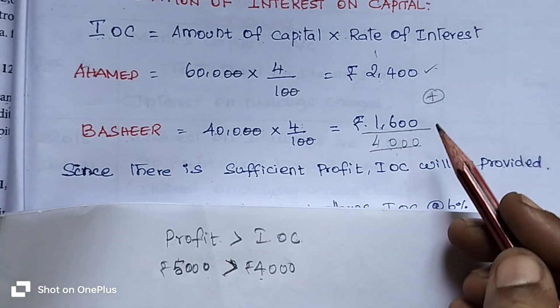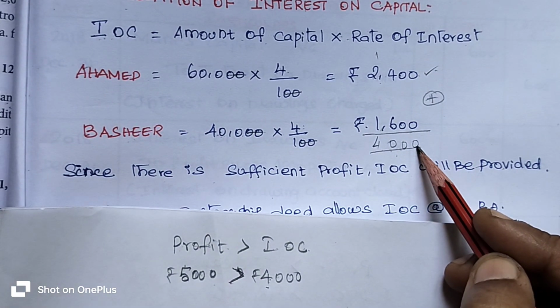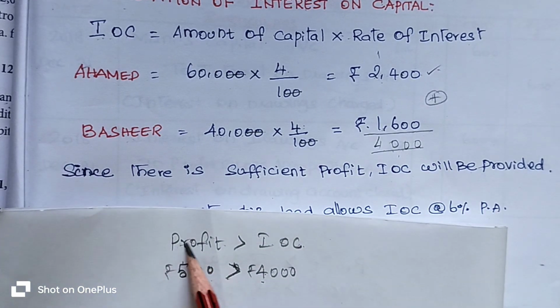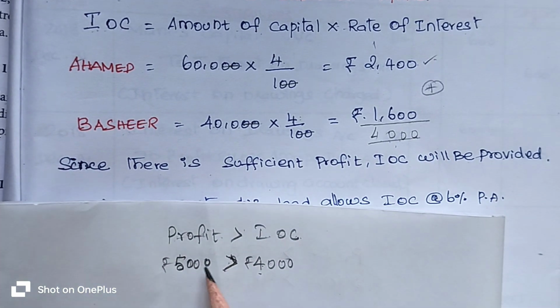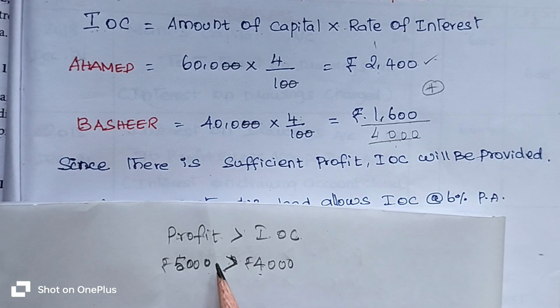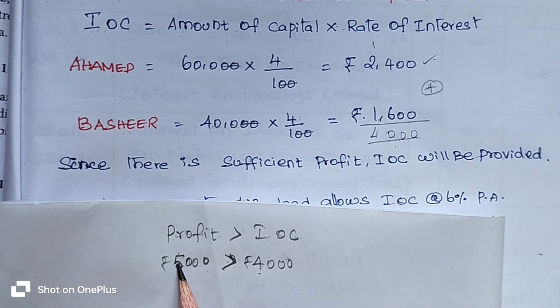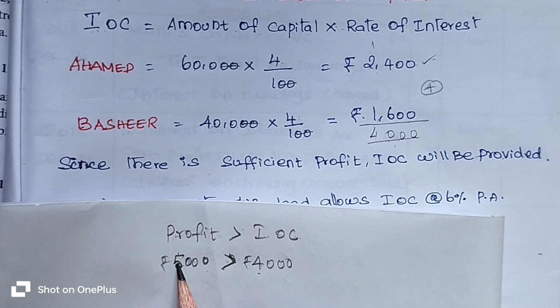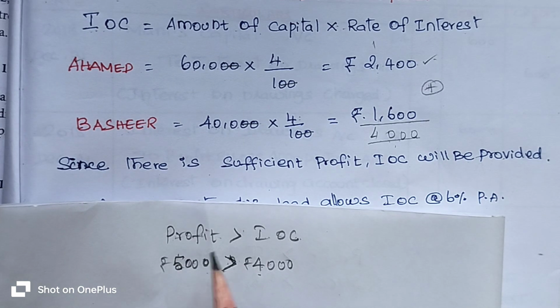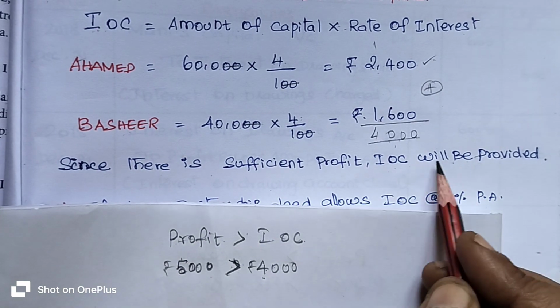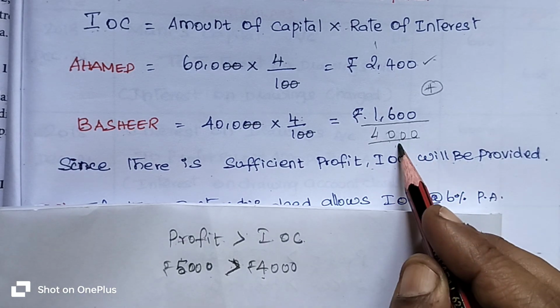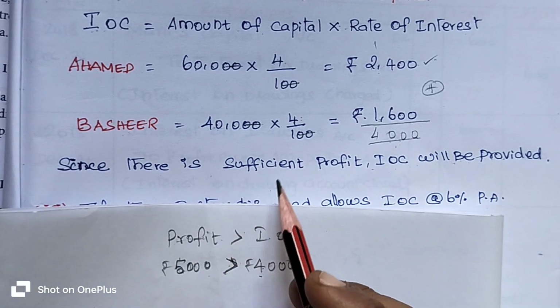So the profit is more than the interest on capital. If you have sufficient profit, you can distribute the interest on capital. So interest on capital will be provided because profit is sufficient.